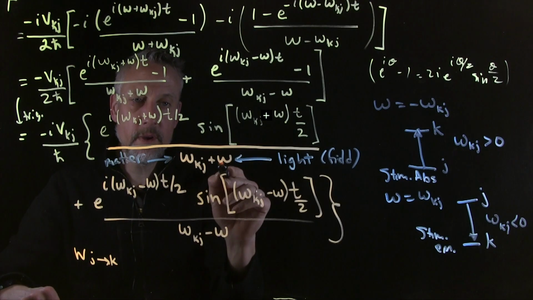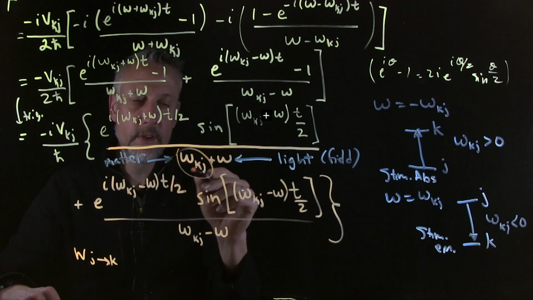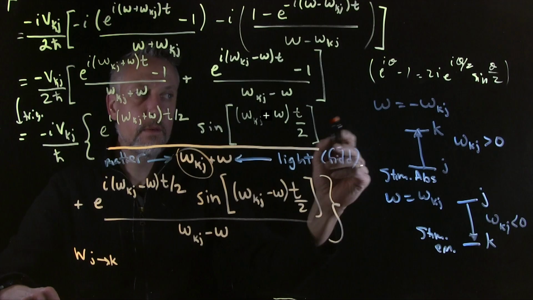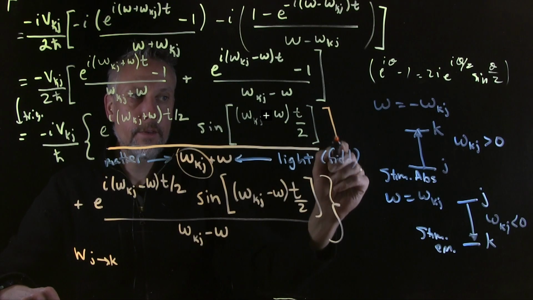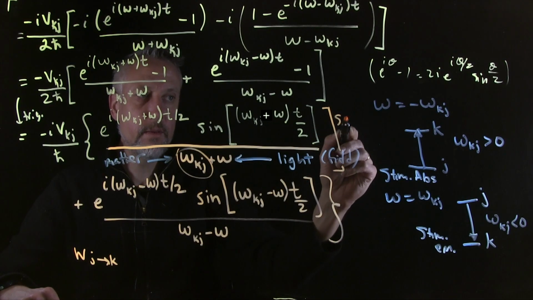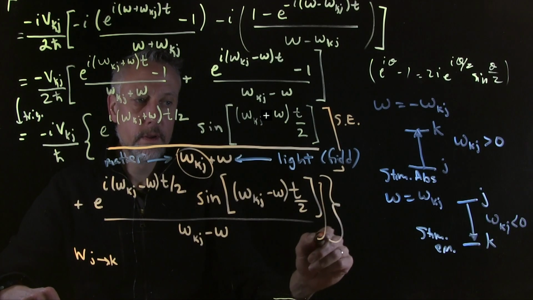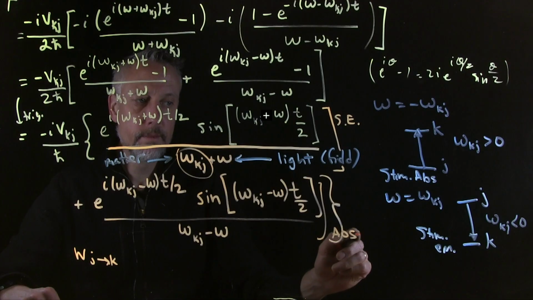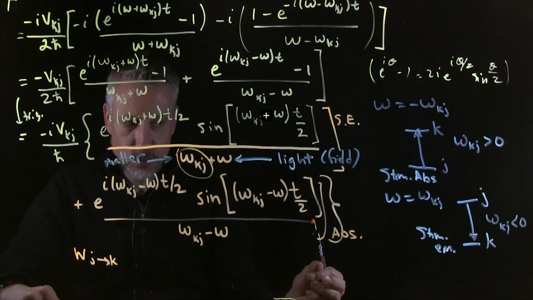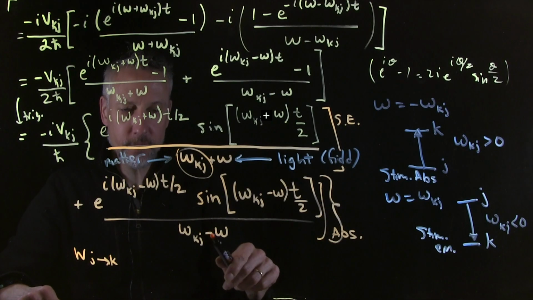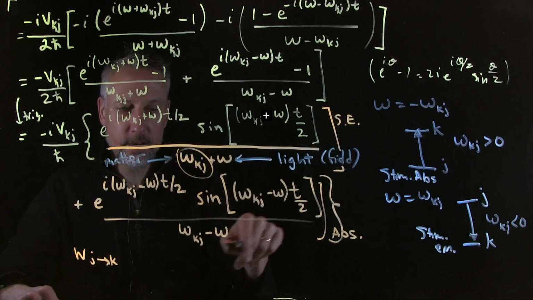Then we want this to be small. That means this has to be negative. So this term here, the upper term, is negative omega kj. So this is the stimulated emission. And this lower one here is the absorption. Right, so we're going to go uphill in energy. So that means this term is the one that's going to dominate.